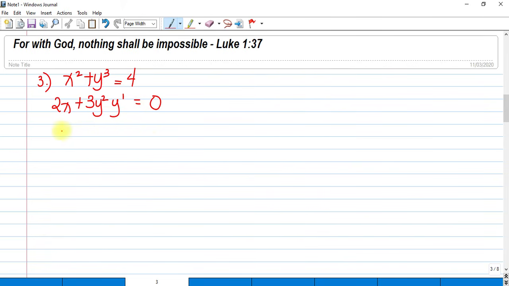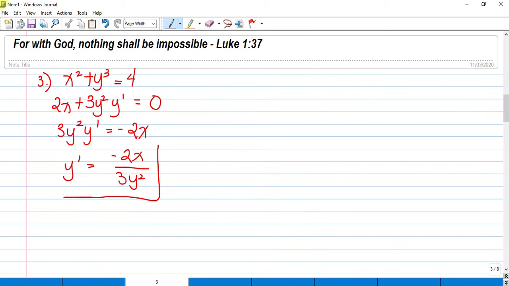Getting y prime, because that is what we want, isolating y prime, I transpose 2x to the right side. Then dividing this whole equation by 3y squared, we have y prime is equal to negative 2x over 3y squared. So this is now our answer.